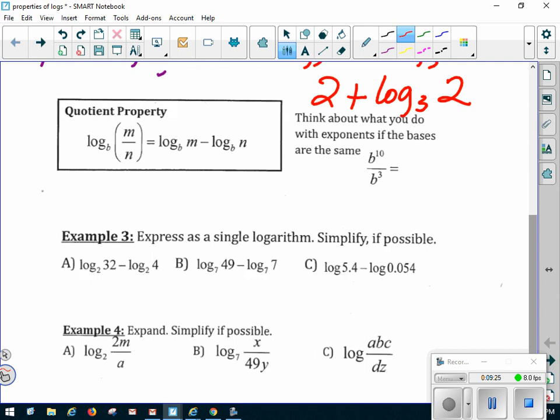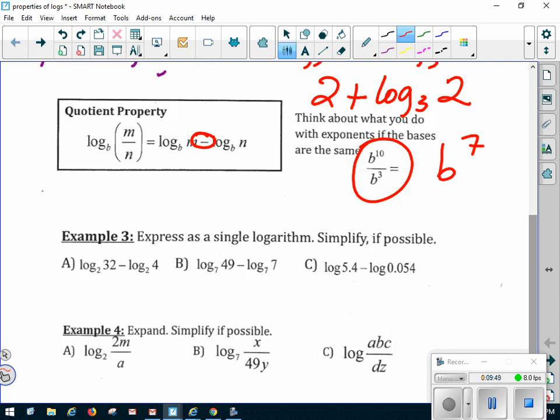Do you remember how to expand with division? You subtract. Do you remember this? That's right, because 10 minus 3 is 7. Same idea here.